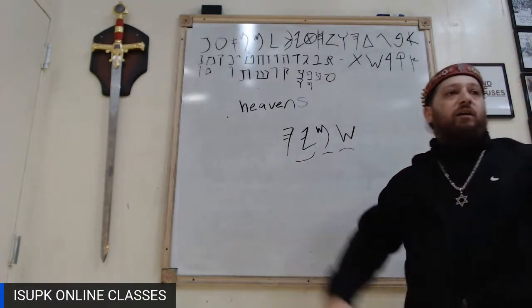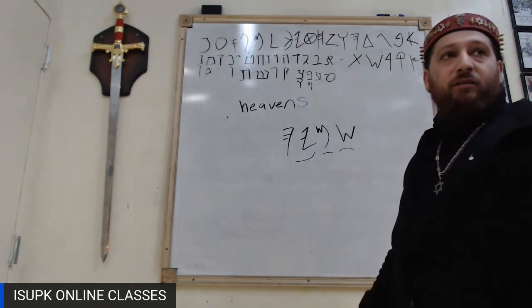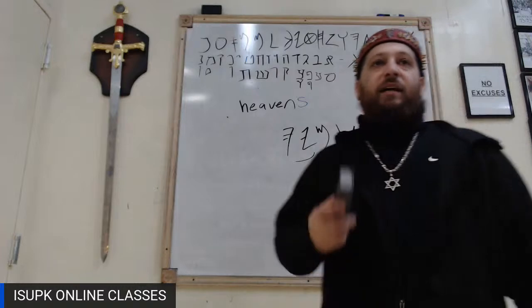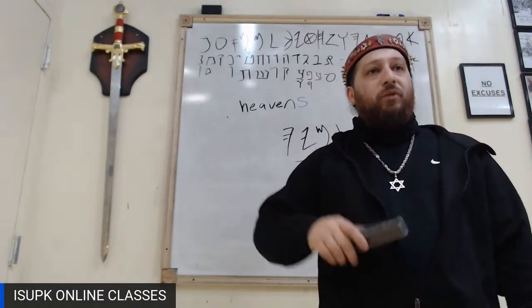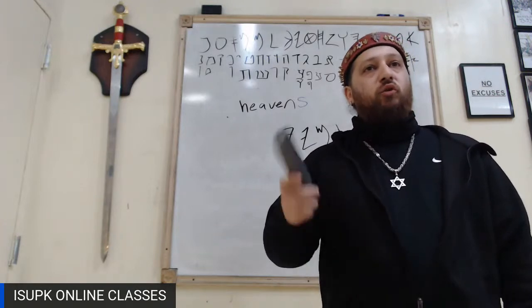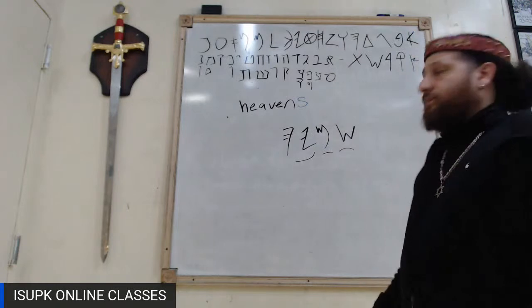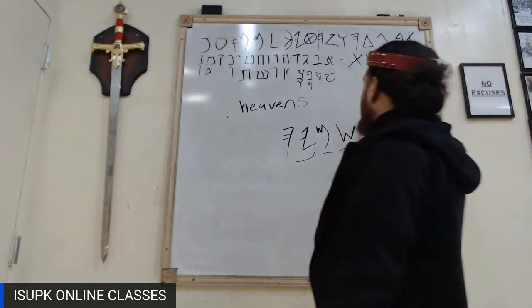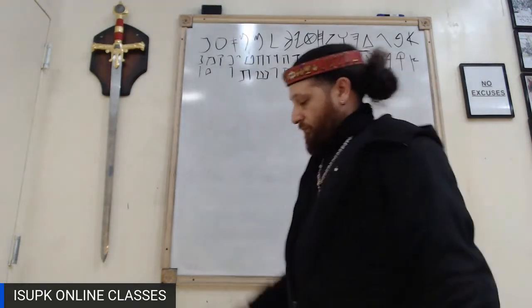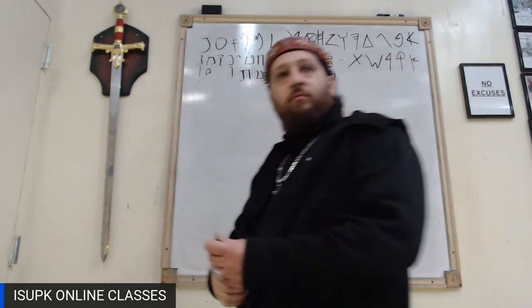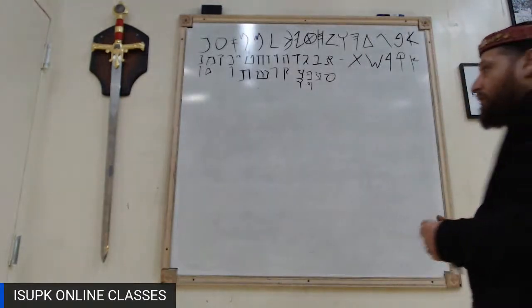Her name's Shamaya, and it still means heaven, but now it's feminine. And that's another thing, man. I learned that from General Muhammad. When you name a brother or a sister, you want to make sure you name them according to the gender of a word. That could be heaven or heavens. Yes. I'll give you another one.